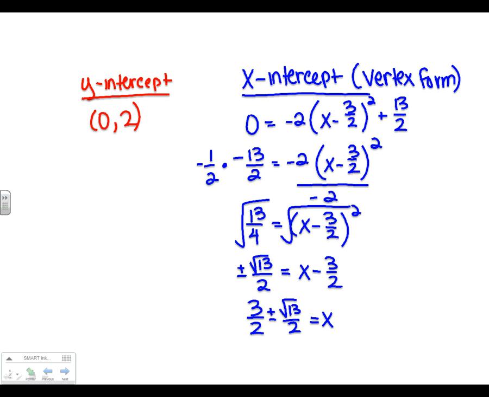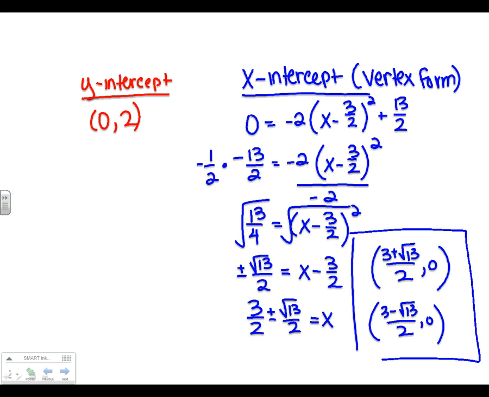So my two x points, you can either write them together or separate. Let's do it separately this time. 3 plus the square root of 13 over 2, comma 0, and 3 minus the square root of 13 over 2, comma 0. So again, you can write them together or separate, but you need to make sure you have both of your x-intercepts written as points.